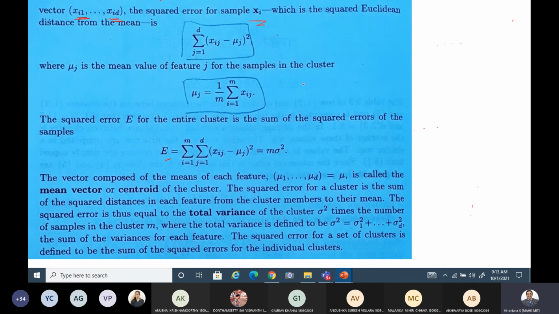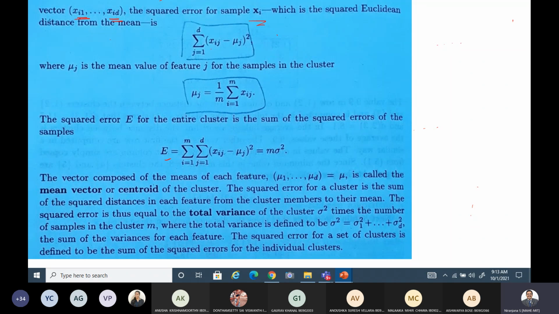So mean vector is going to represent your centroid. Mu, having variables mu1, mu2, etc., is going to represent your centroid. If there is a cluster, that will be the actual centroid. It's nothing but the center point. We believe that it is something around the center of the cluster. Okay, so let us see how we can apply this.